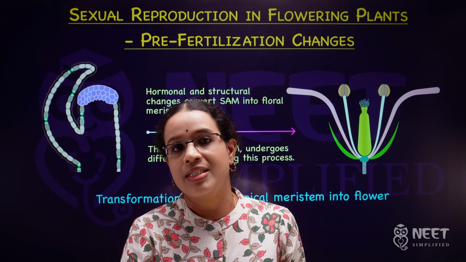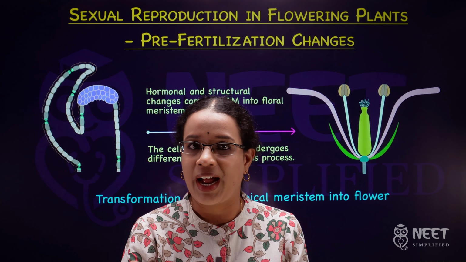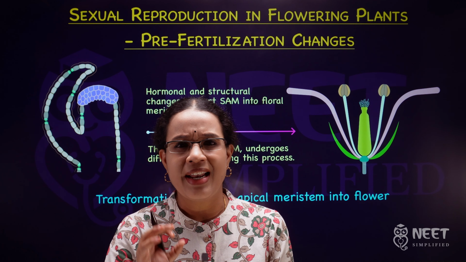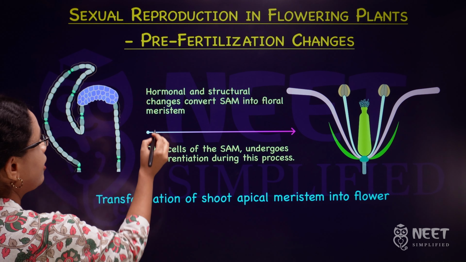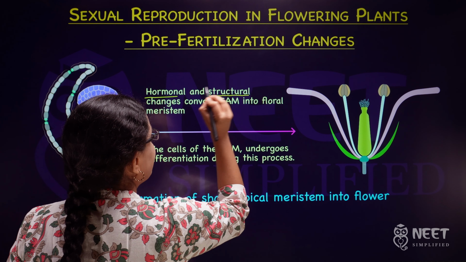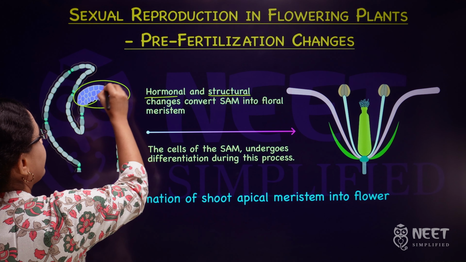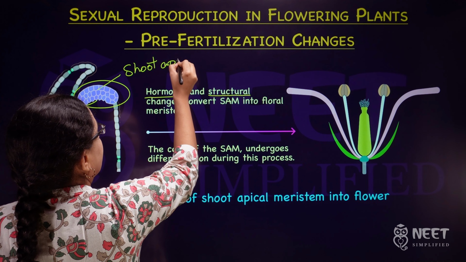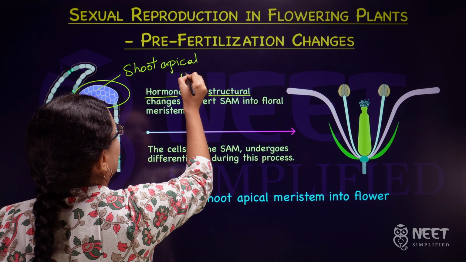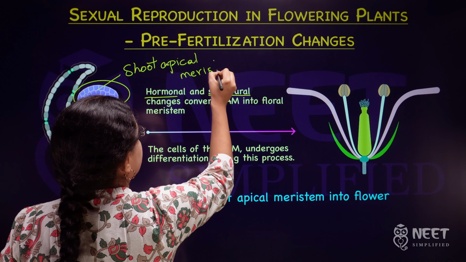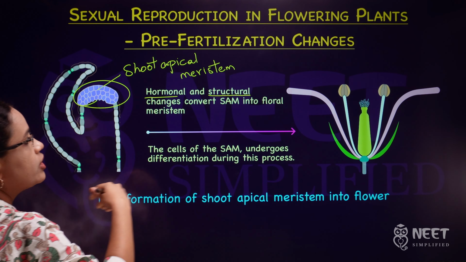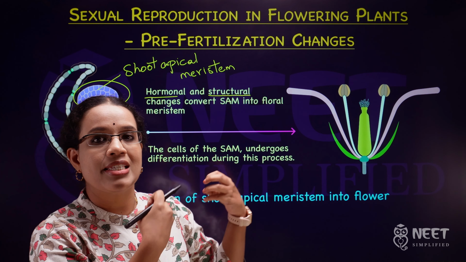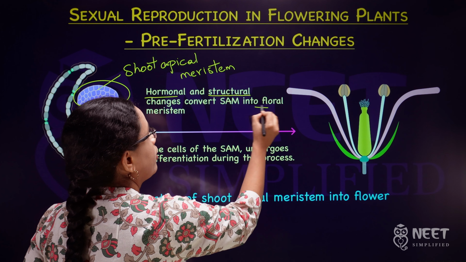Now, this happens in the reproductive phase of a plant. In the reproductive phase, certain hormonal and structural changes happen in the shoot apical meristem. In this region, changes take place that convert these cells to form floral meristem.